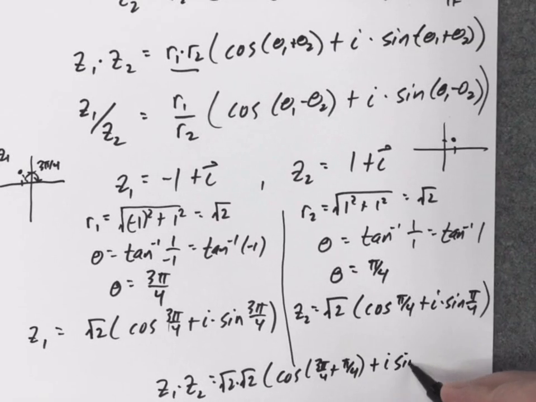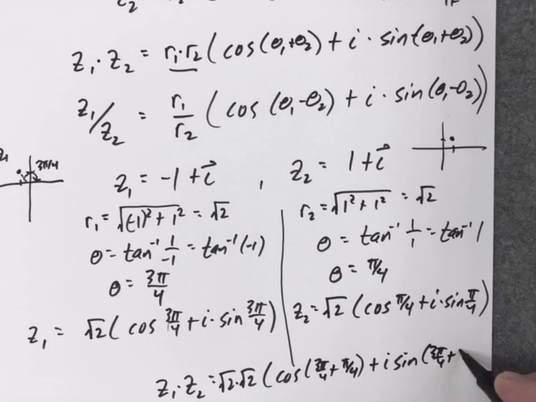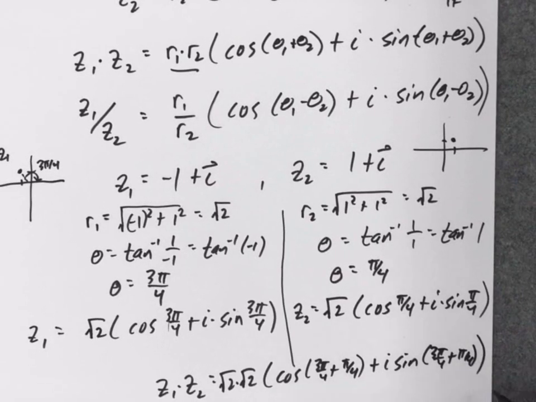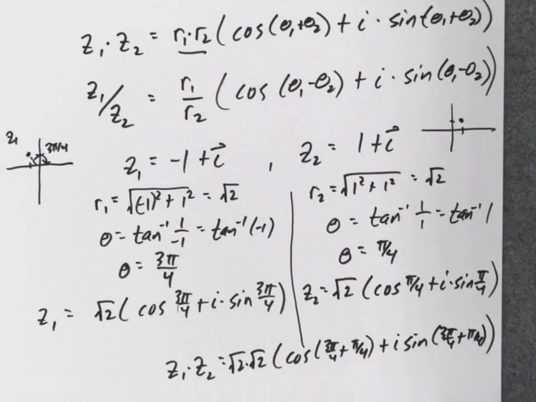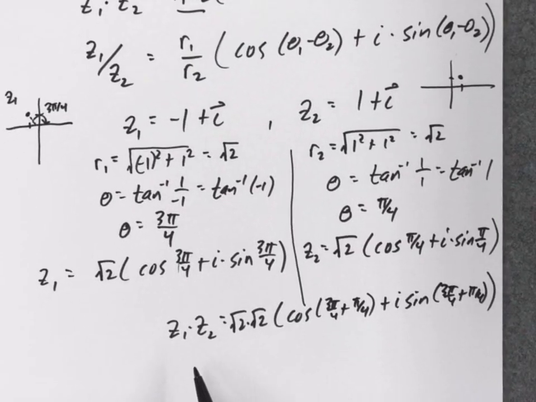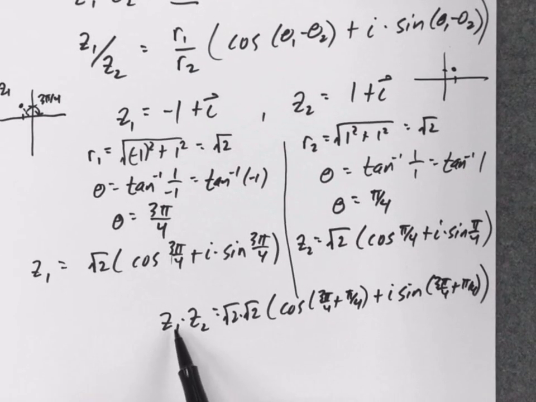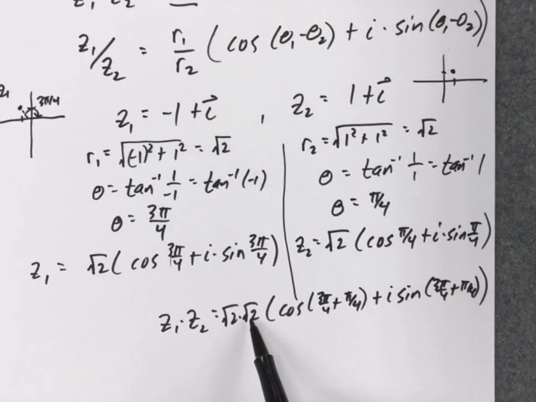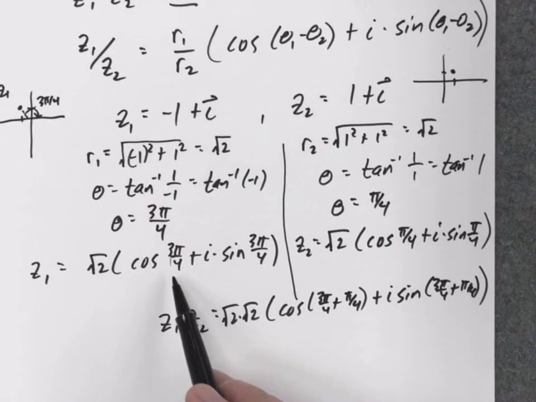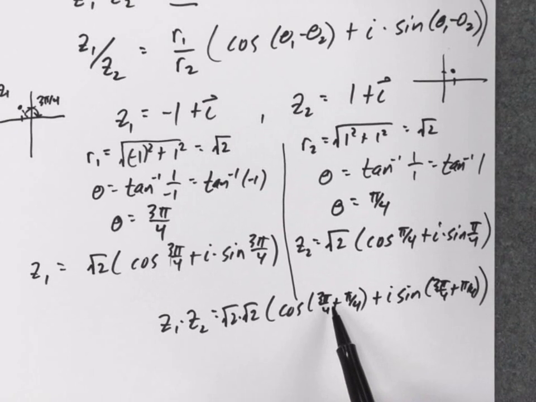You add the two angles together. 3 pi over 4 plus pi over 4. So once again, multiplying the two vectors, if they're in trigonometric form, means multiplying the r's, and then you add the two angles, and that's what goes inside the cosine and the sine.